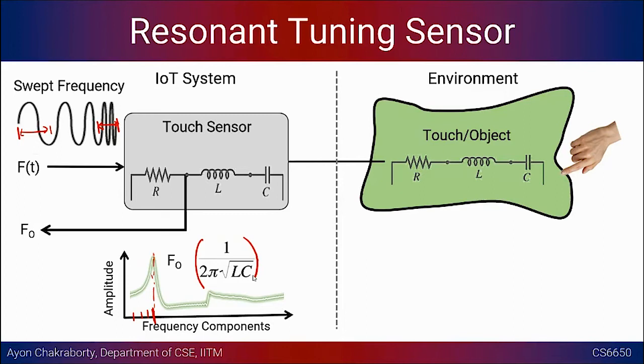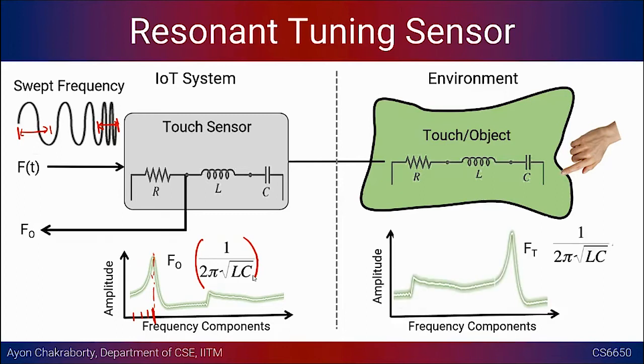Okay, so now if you redraw this entire circuit, the effective values of L and C would be changed, right? And because of the change in these values, the resonant frequency of the system is going to change. Because of the touch that has taken place, we are not going to have the same value for the different frequency components.